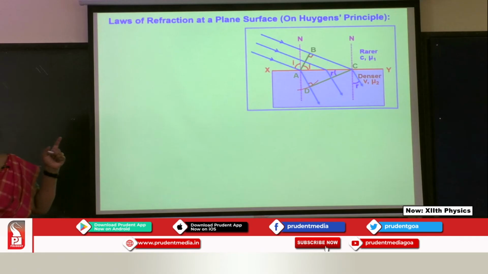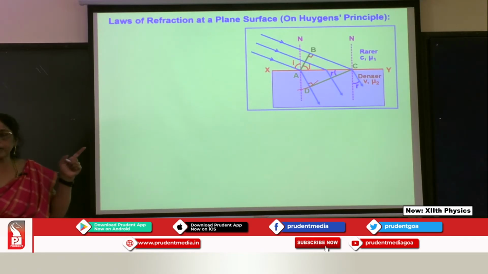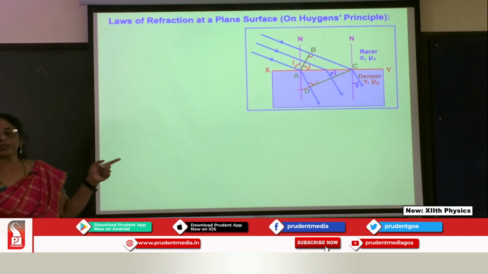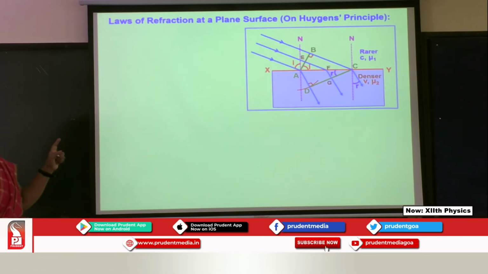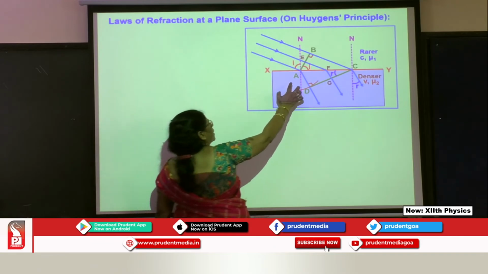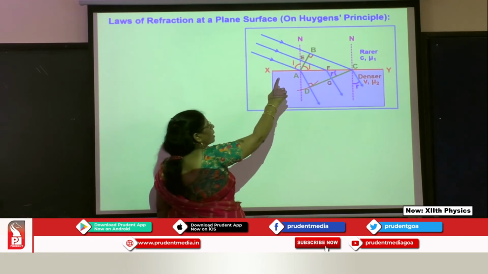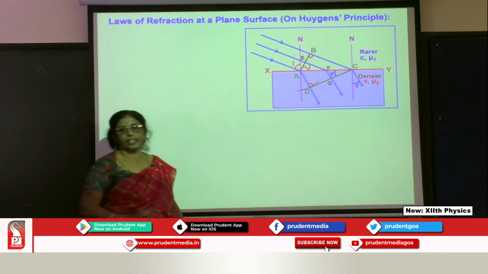So let mu1 be the refractive index of the first medium, and mu2 the refractive index of the second medium. Okay. So here in the same way, when the point A reaches the surface, the last point of the plane wavefront is at B. For B to reach C, A travels a distance AD.